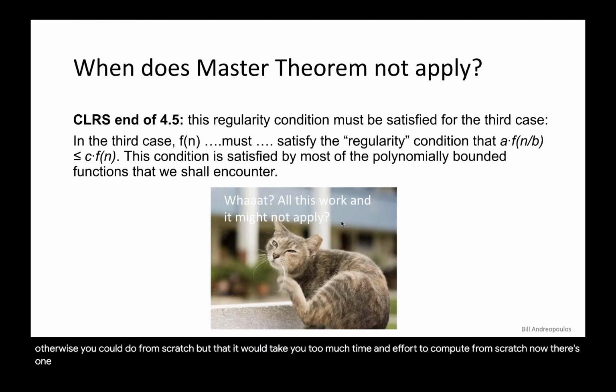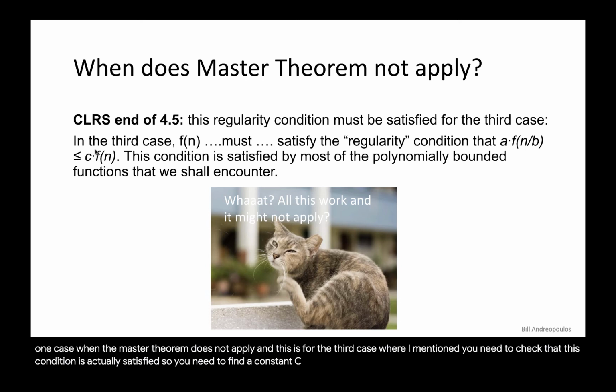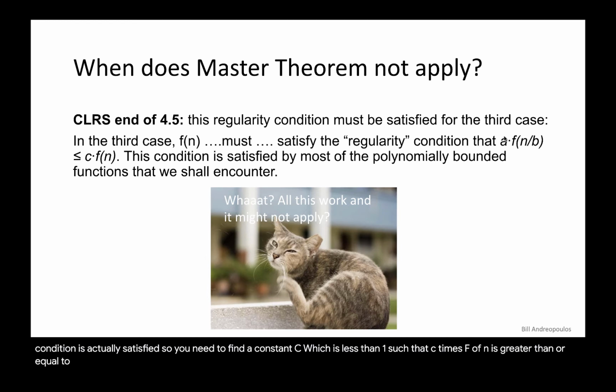Now there's one case when the master theorem does not apply, and this is for the third case, where I mentioned you need to check that a condition is actually satisfied. You need to find a constant c less than 1, such that c times f(n) is greater than or equal to a times f(n/b).